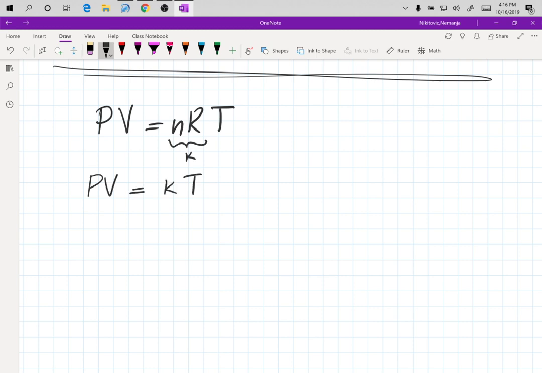P is the pressure, V is the volume, and T is the temperature. Now this is ideal gas, but you know, it's close enough to the gases around us. What we see is that the pressure and the volume and the temperature are all related to each other, and the greatest thing is that I can take derivatives in respect to any of the variables to measure their change in respect to any of the other ones.